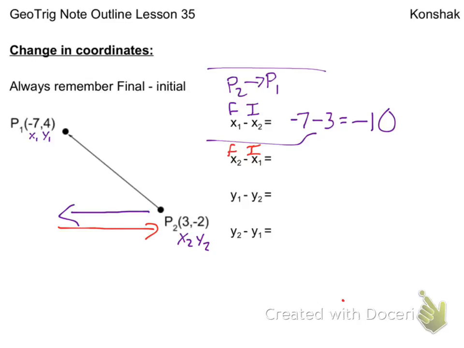What's x2? 3 minus what? Negative 7. When you subtract a negative, you are adding. That's a bad 7. So that ends up being 10. So if I actually went from point 1 in the direction of point 2 in the x's, I'm going to positive 10. Does that kind of make sense there?